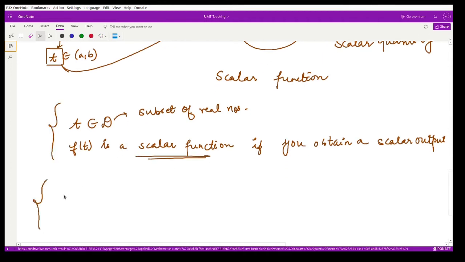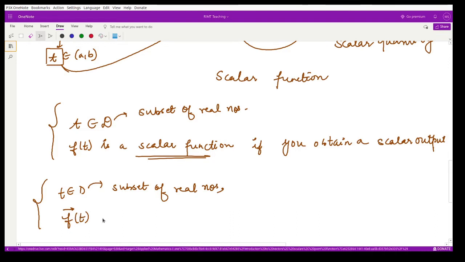And next let us define the vector function. For any t belonging to D, where D is a subset of real numbers, you define a function f of t. Now you write an arrow here. Why? Because this is a vector function, right? It is to denote that f of t is now a vector function.